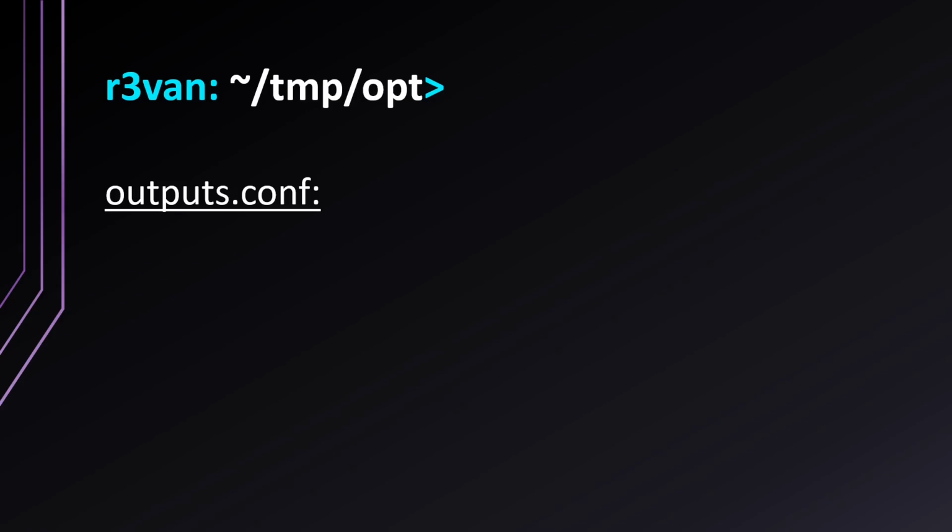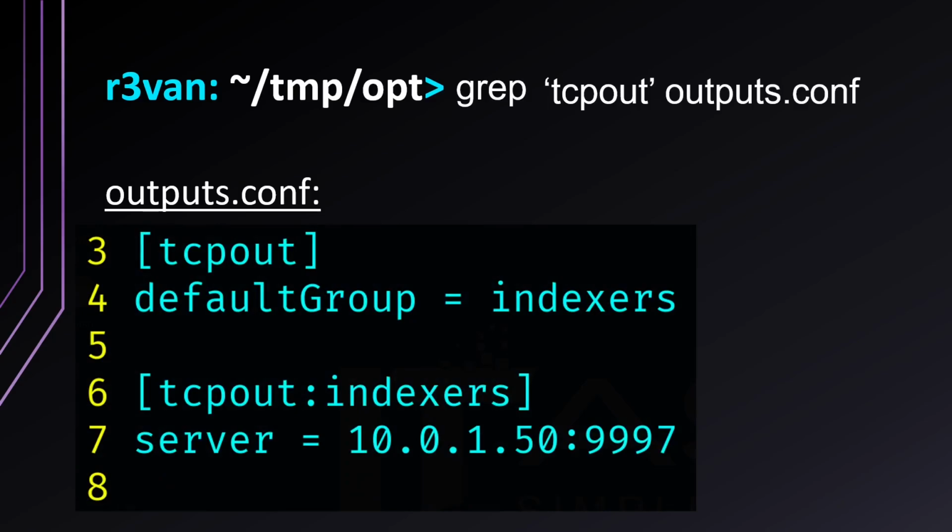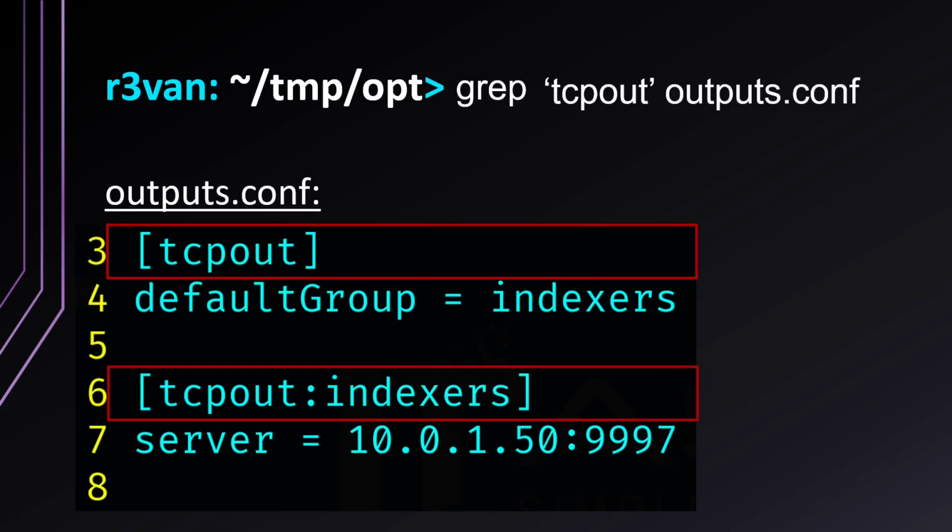Now I need to emphasize a detail about the dash uppercase A option because this can get confusing. When I just grep TCP out outputs.conf, grep looks inside the outputs.conf file, grabs the lines that contain the matching pattern TCP out, and displays those lines on my screen. Great, that's simple, basic grep behavior.